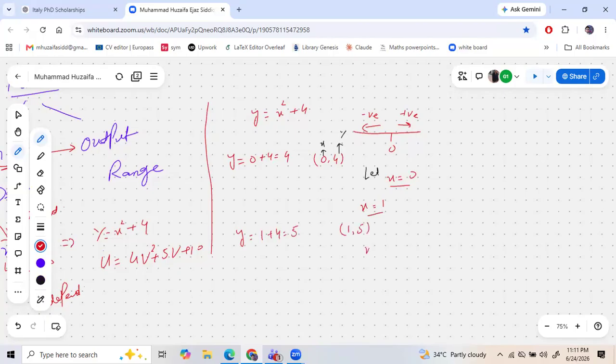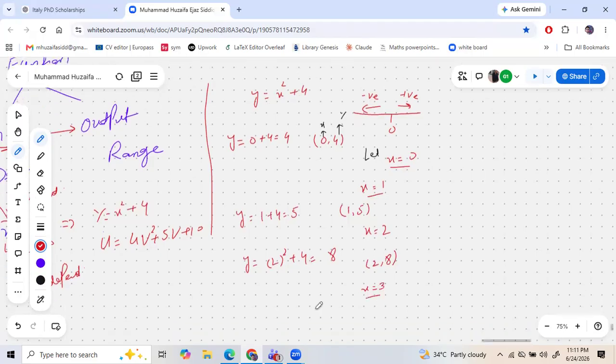Again, we put x is equal to 2. So look here, our function is y is equal to 2 square plus 4. This is 2 square, this is 4, so 4 plus 4 is 8. So our ordered pair is 2 and 8. And look here, I'm putting x is equal to 3 from the positive side.